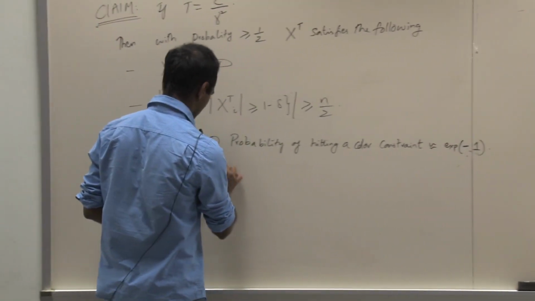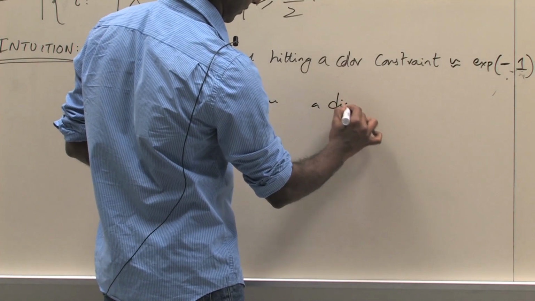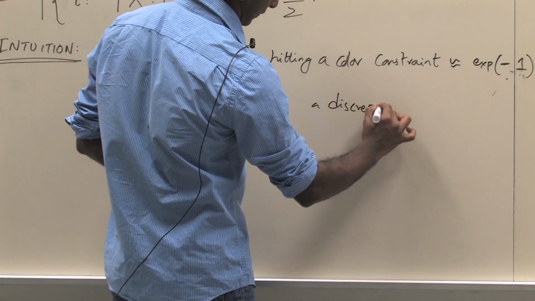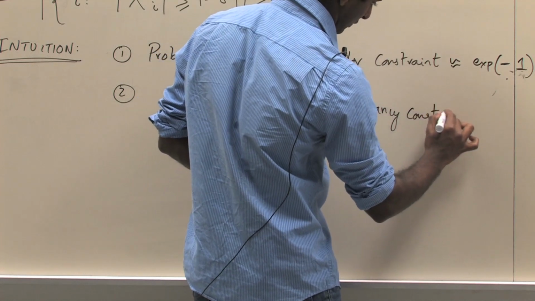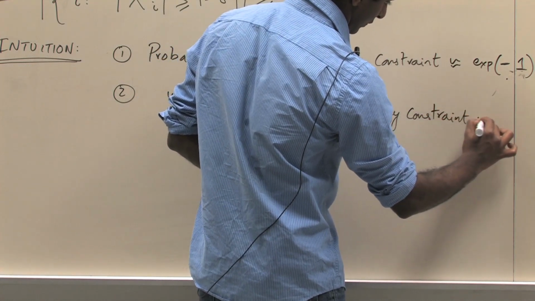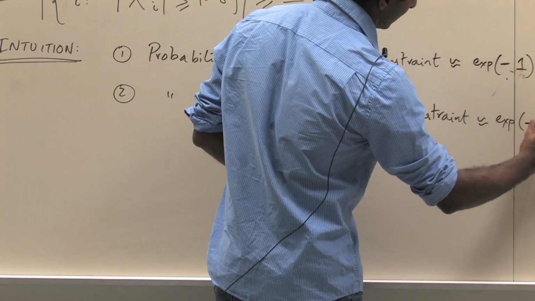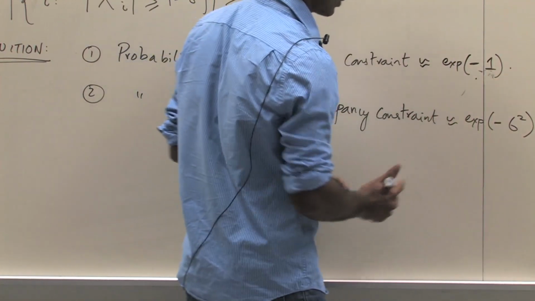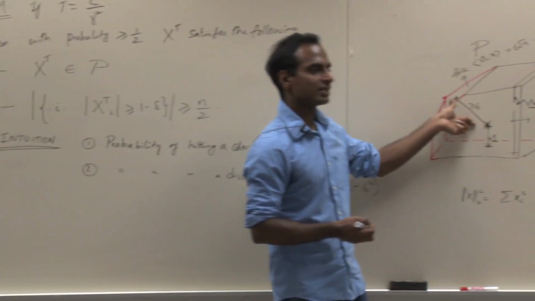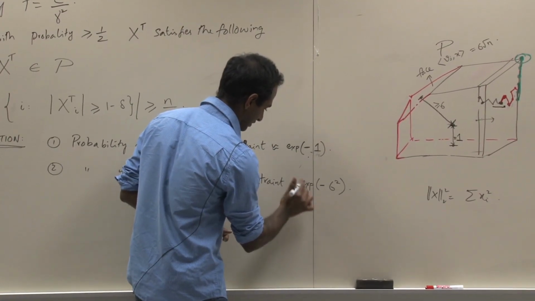And by the same argument, the probability of hitting a discrepancy constraint should be exponential in minus 6 squared, right? Because these are at a distance of 6 away. So this is less than or equal to.